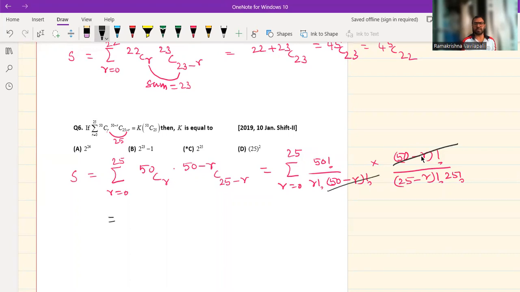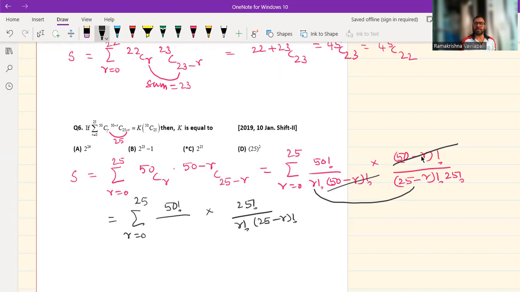Okay, we have to adjust this sum in such a way that we get one binomial coefficient. This is 50 factorial by, you see the sum of these two is 25, so I will write here 25 factorial by r factorial into 25 minus r factorial.